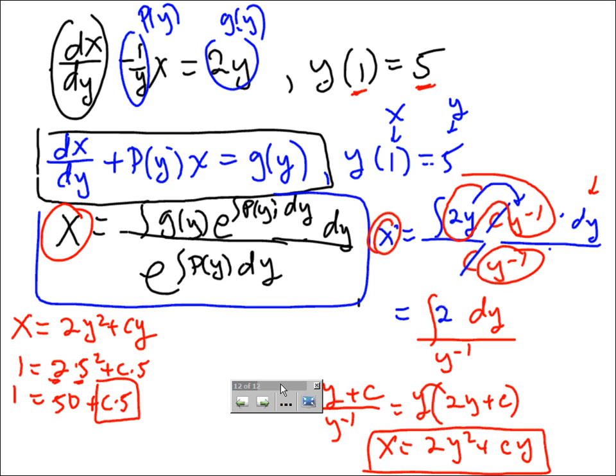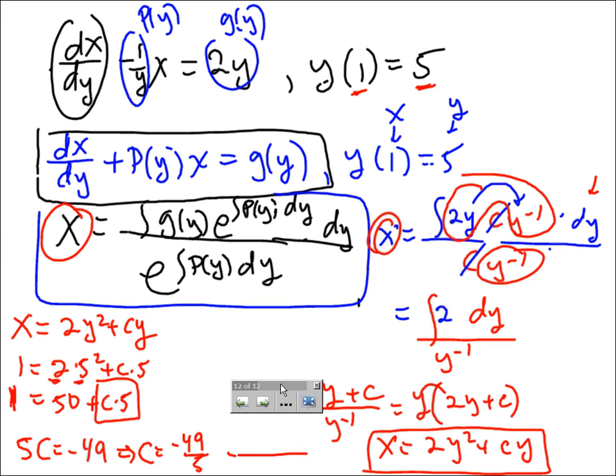That must be negative 49. 50 plus negative 49 gives you 1. So 5c is negative 49, which implies c is negative 49 over 5.